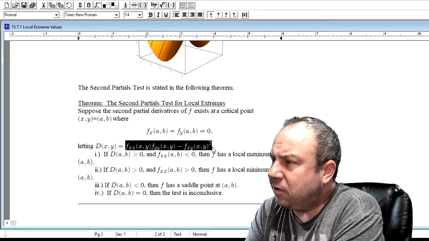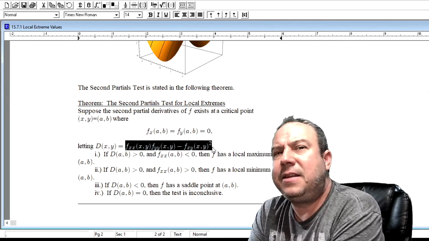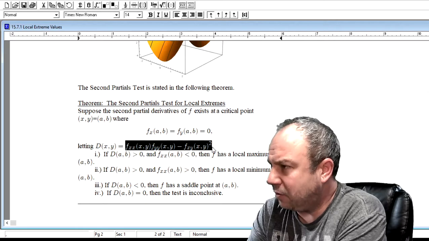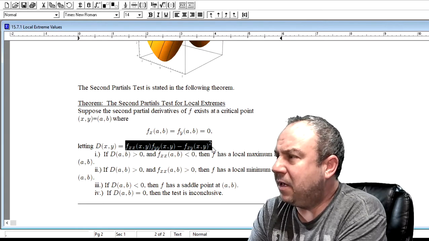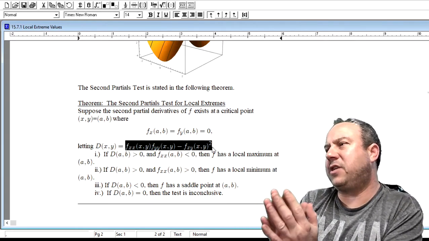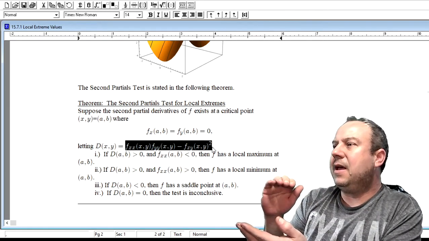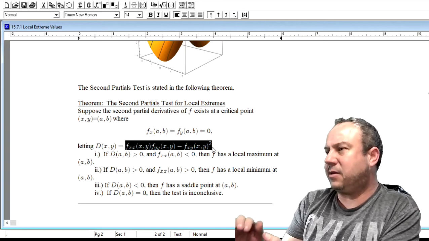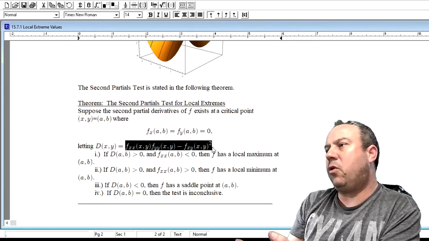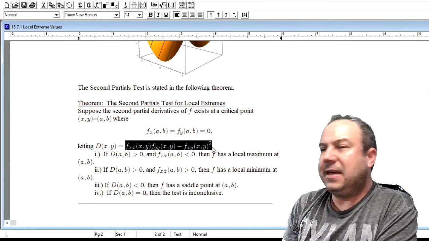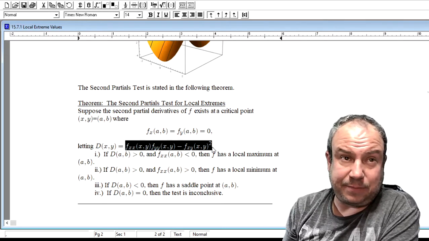It's going to be a value that we calculate to help us determine behavior, right? It helps us to determine whether or not we actually have a case for a local max, a local min, a saddle point, or what we might call an inconclusive test.